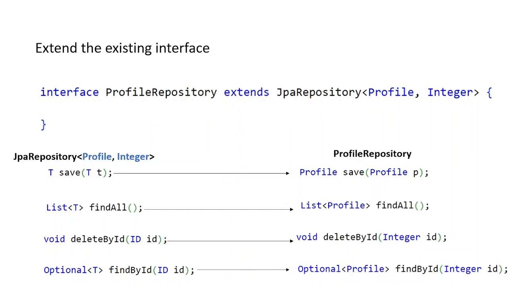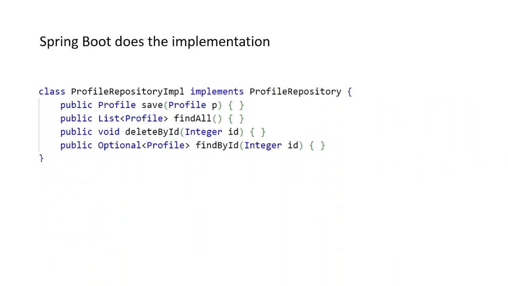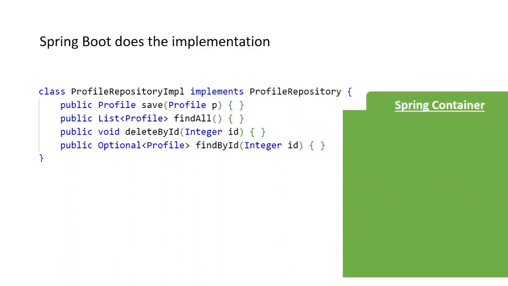Next, Spring Boot is going to automatically implement this profile repository interface, something like this, where it is going to perform all these operations on the profile table based on the table informations you have in the entity class. And then Spring Boot is automatically going to create the object in the Spring container, which is actually profile repository implementation object.